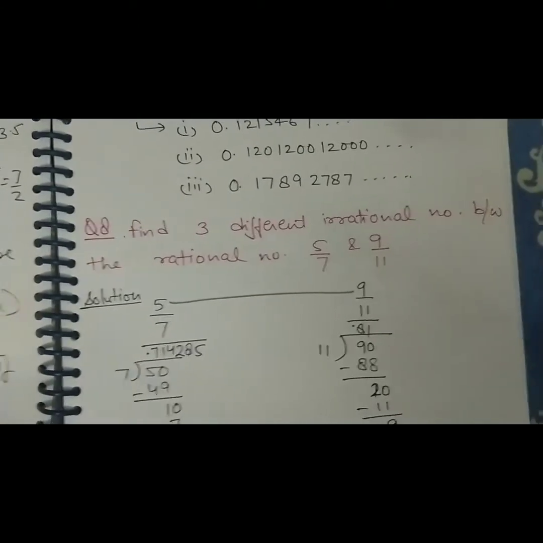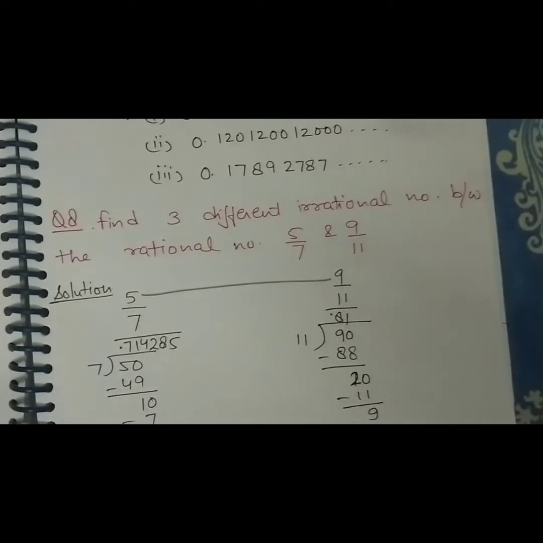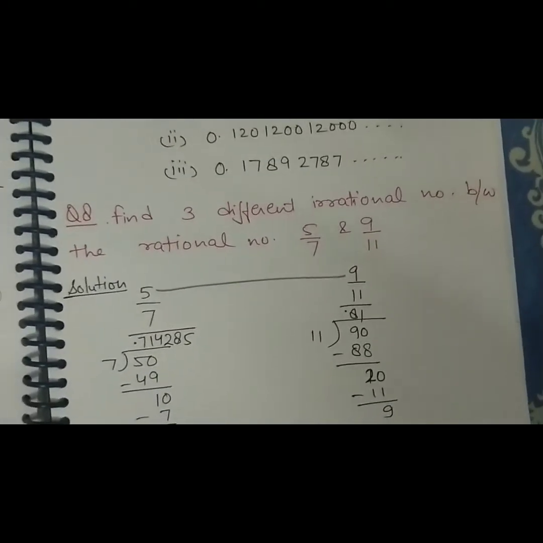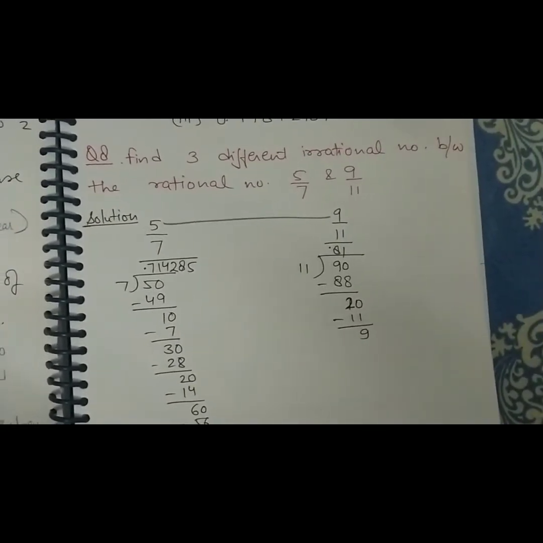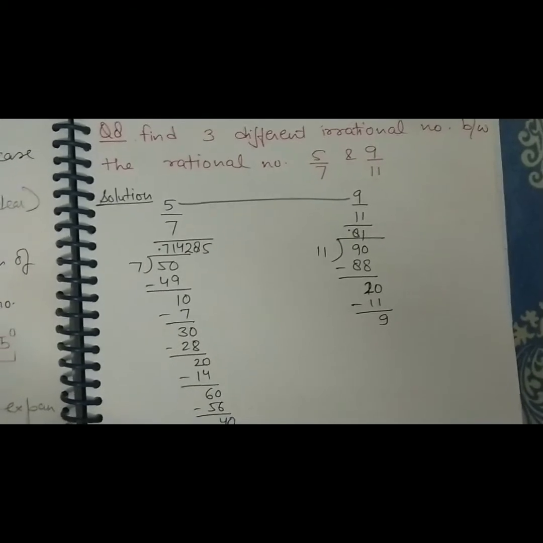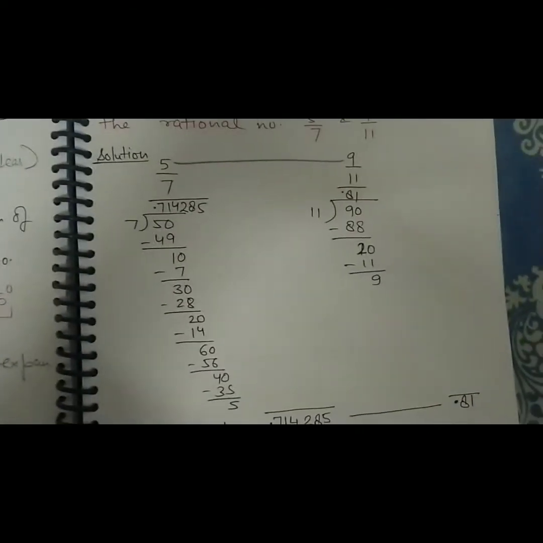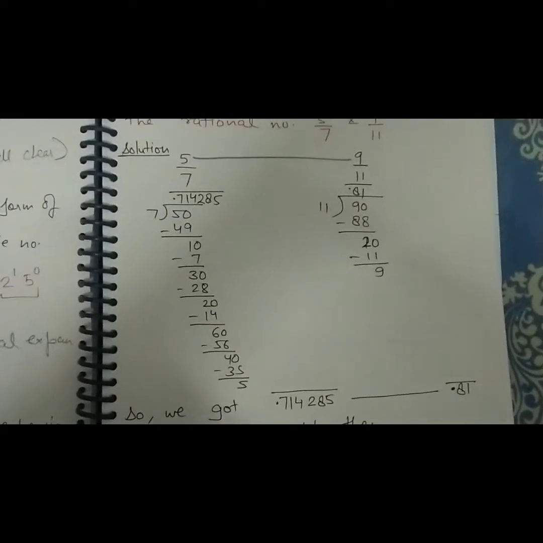Find three different irrational numbers between the rational numbers 5 upon 7 and 9 upon 11. So, when we divide 5 upon 7, we will get this string. And when we divide 9 by 11, we will get 0.81 as this string.